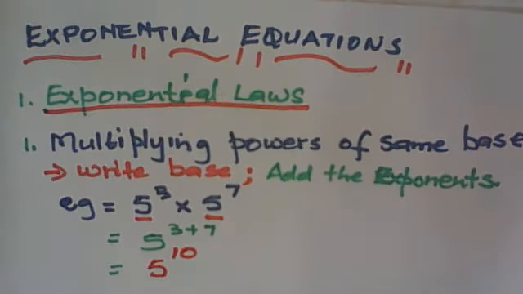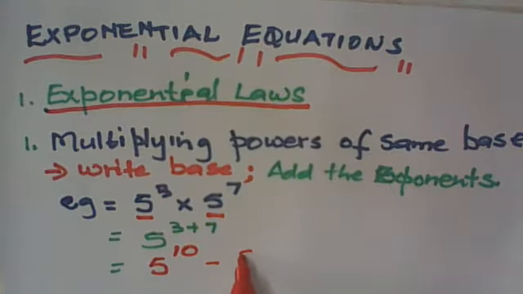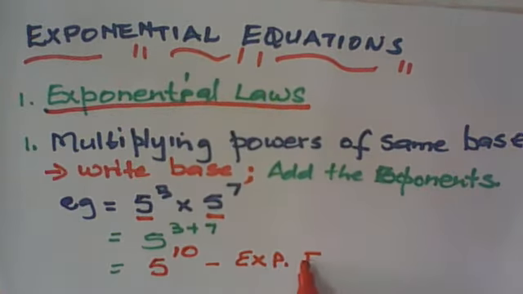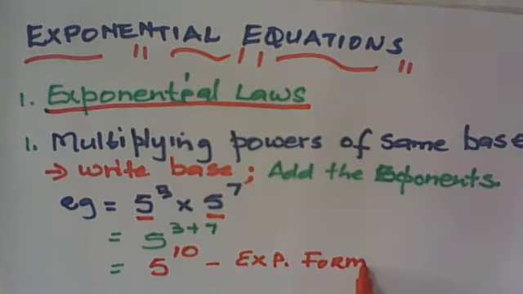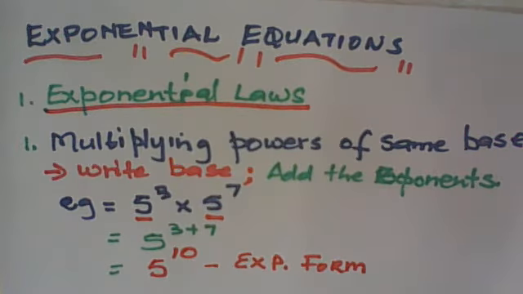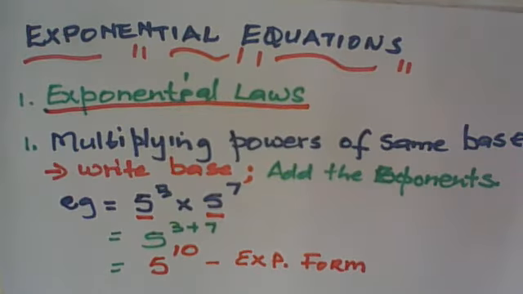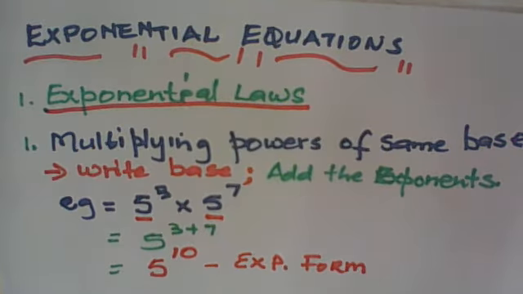This must be left in exponential form. But if you take your calculator and press the equal sign, that will be a simplified form. So we just leave it in exponential form.